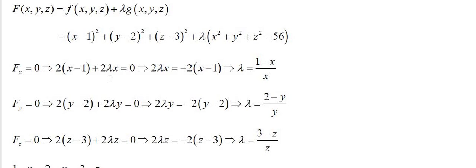So 2x into lambda equal to 0. Observe, the first term contains 2, the second term also contains 2. Take 2 common, send that 2 to the RHS. Then we are going to get only x minus 1 plus lambda x equal to 0. From this equation, I am going to find the lambda value.